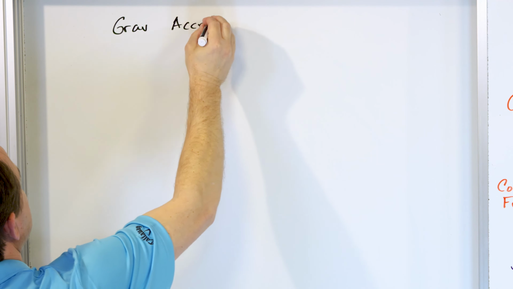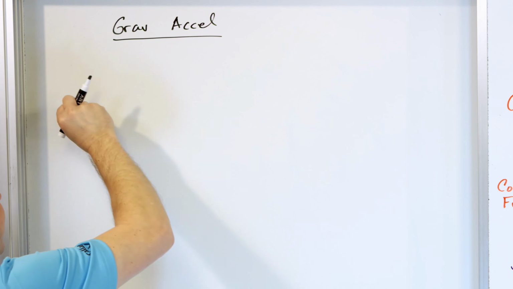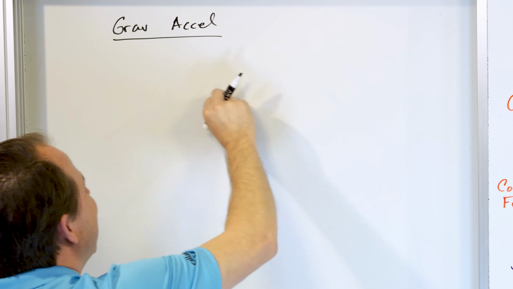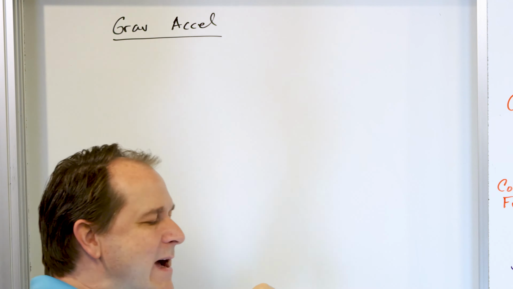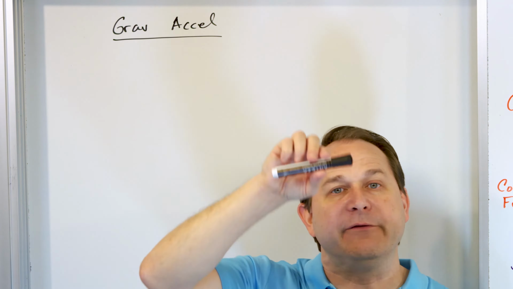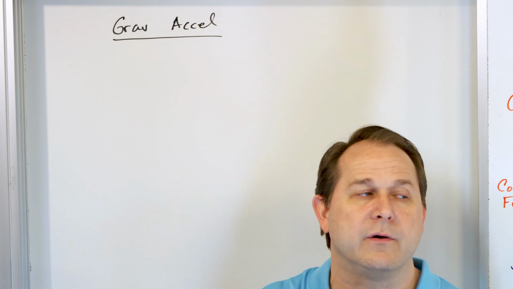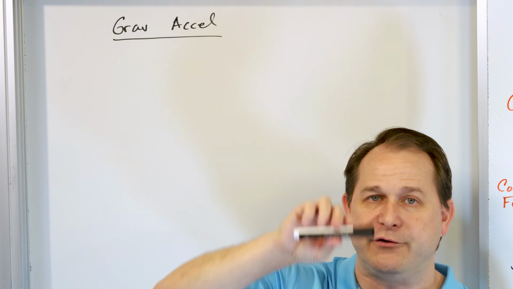Now, in the last few lessons, we've been talking about things accelerating along the x-axis, in one direction. When we talk about things moving in the up and down direction on Earth, we call it the y direction.